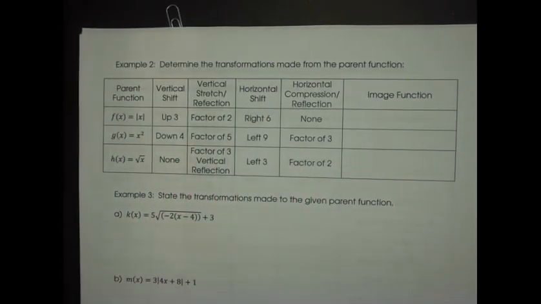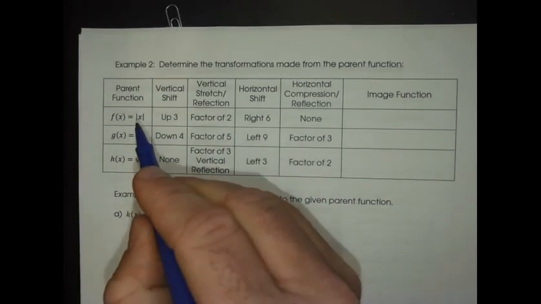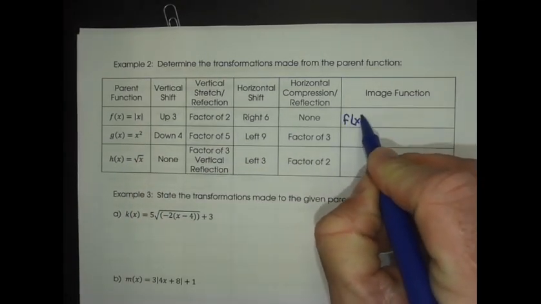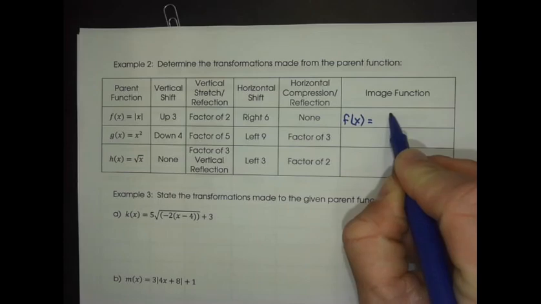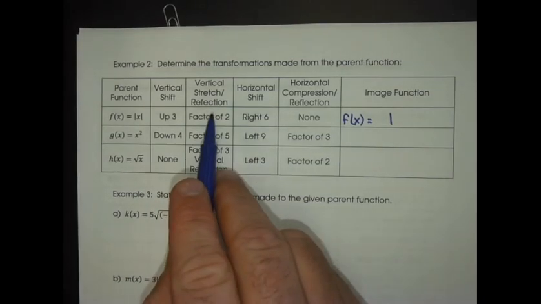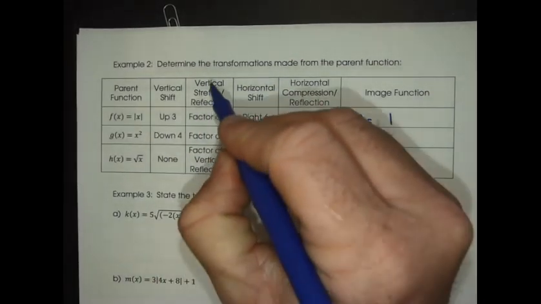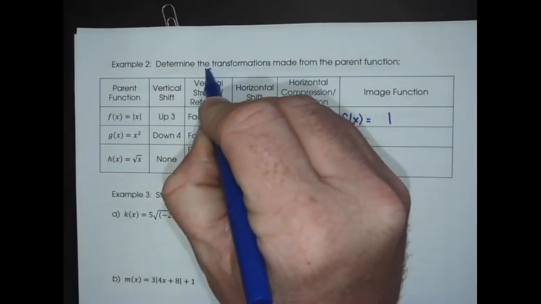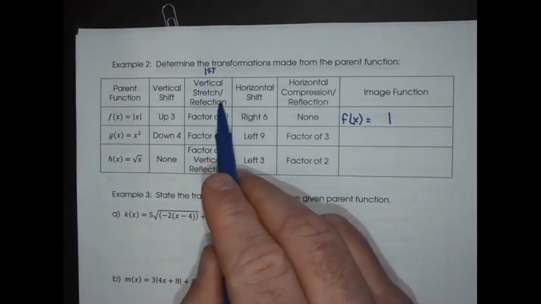So the base function for the first one is absolute value of x. So we know that we will have some sort of absolute value inside that function. For me, if I was looking at this, I would look at this piece first. So I would look at my vertical stretch.